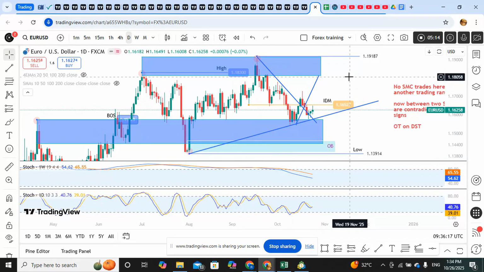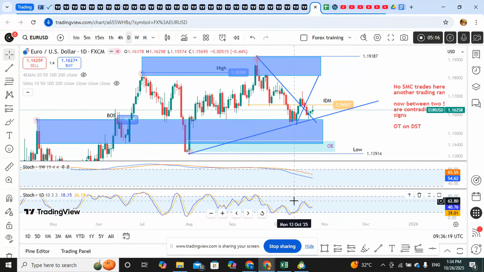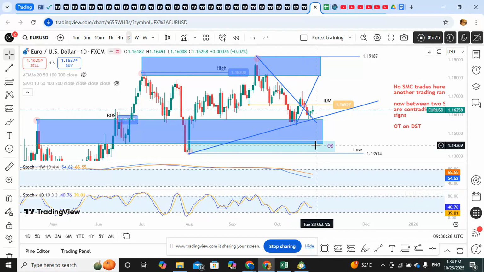The next part is related only to the daily. Sorry, before going to the daily, the opposite is the same.